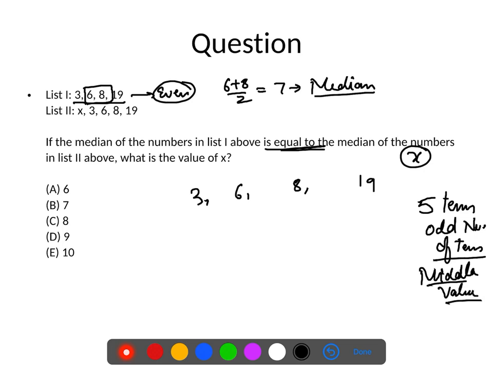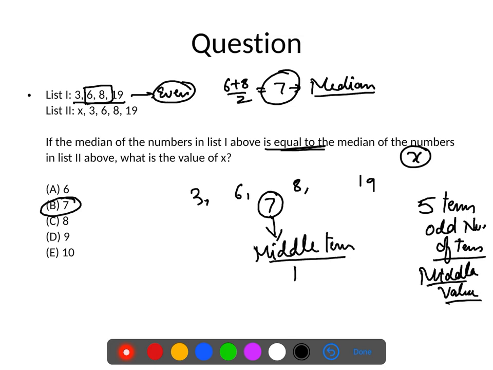So the median is going to be one of the terms itself. So if 7 is supposed to be the median, x, the new value, has to be 7 only. So that becomes the middle term, and that becomes the median. Okay. So that's how we apply median.